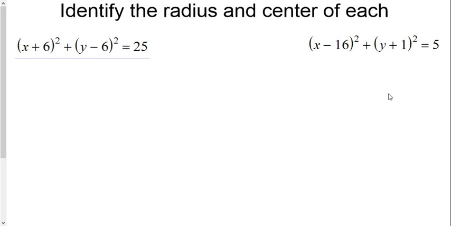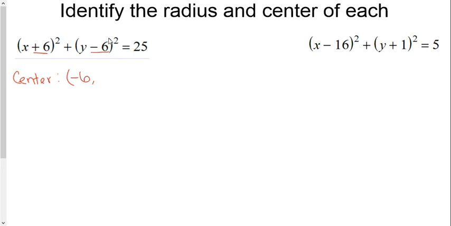For the next one, we're given the equation and told to identify the radius and the center. To identify the center, you need to look at these two numbers right here, and we always look at the x first. This is a positive 6. Now remember, either way, it flips signs. So I have a positive 6 here, it becomes a negative 6 in my center.